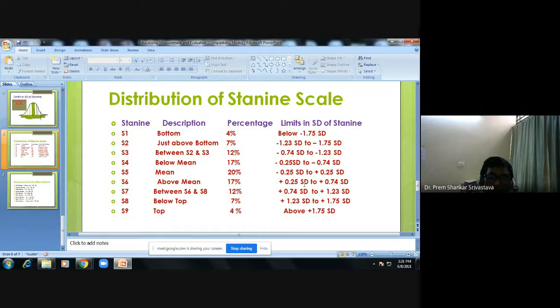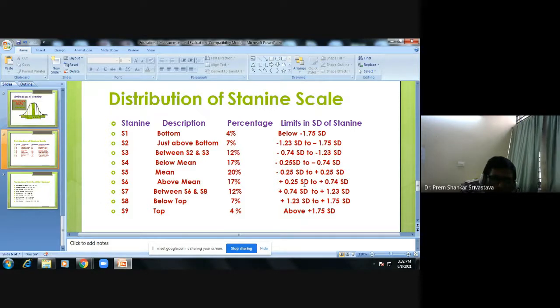Similarly, the sixth Stanine, denoted by S6, is above mean. That is 17%, from plus 0.25 standard deviation to plus 0.74 standard deviation. And S7, the seventh Stanine, covers 12% of the normal probability curve, from 0.74 standard deviation to 1.23 standard deviation.